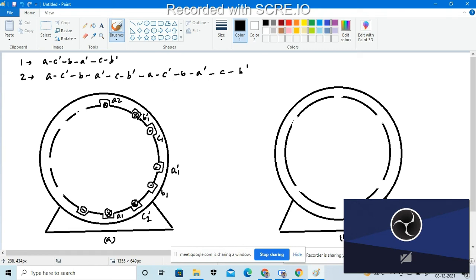It should be cross, and it should be considered as B2 dash. And here again it should be considered as dot, which is C2. Here again it should be dot. It should be A2 dash.